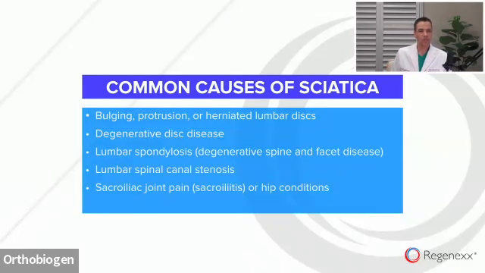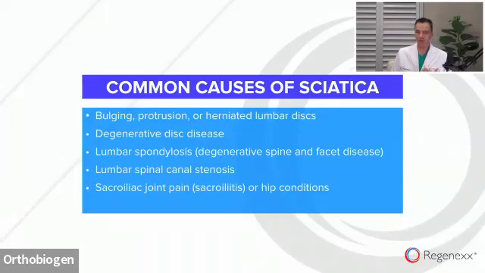While those aren't specifically sciatica, they can be linked to some of the pain that you suffer with sciatica. And lumbar spinal canal stenosis, another one I'll show you, which is essentially some tightening within the canal where your spinal cord travels. And then we've also got sacroiliac joint pain or hip conditions that can actually mimic or seem very similar to sciatica.